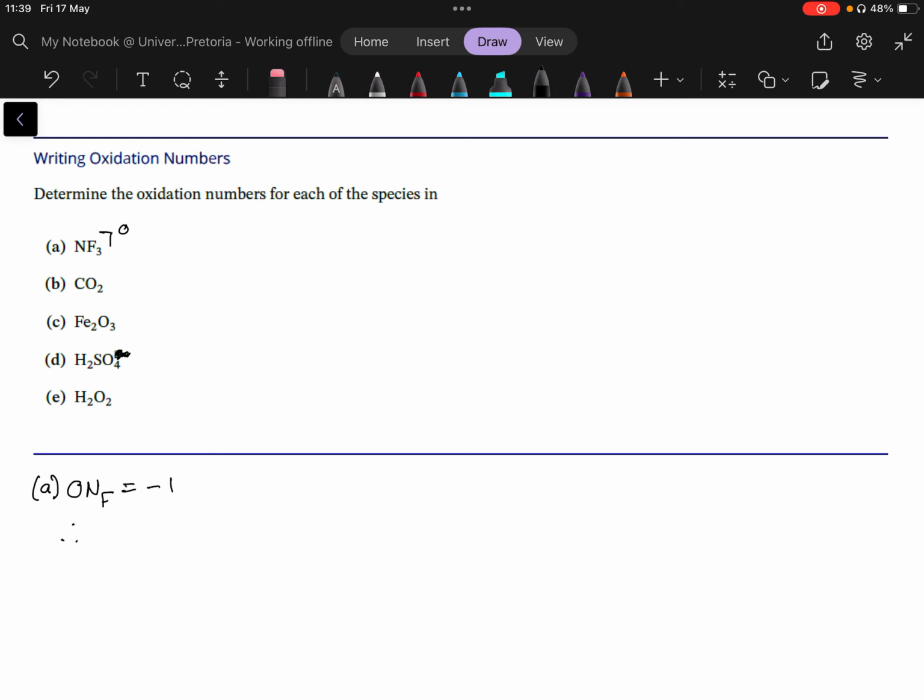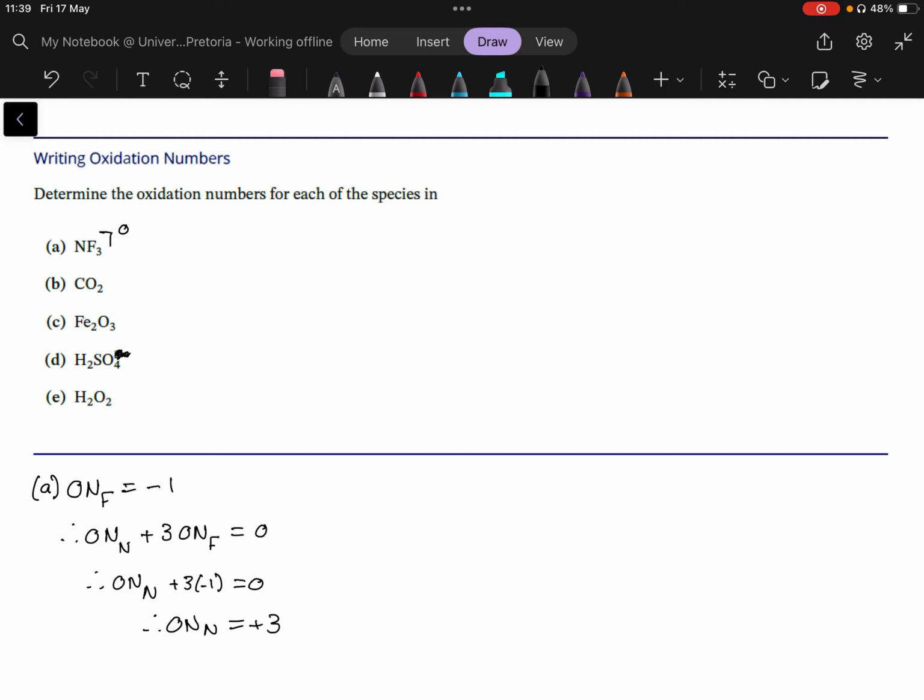And hence, we can determine the oxidation number of nitrogen from the fact that the oxidation number of nitrogen plus 3 times the oxidation number of fluorine is going to be equal to 0. So we have the oxidation number of nitrogen plus 3 times -1 equals 0. So hence the oxidation number of nitrogen equals +3.